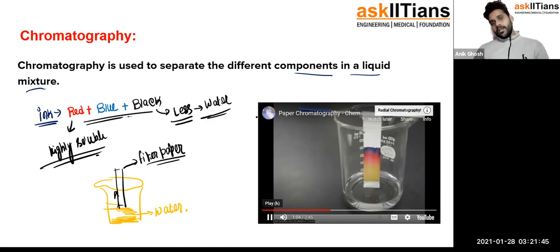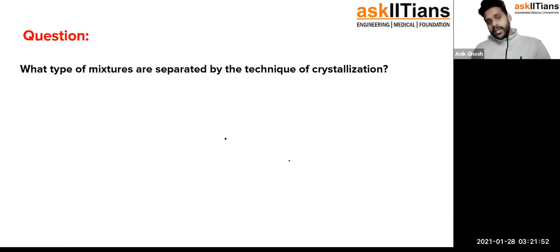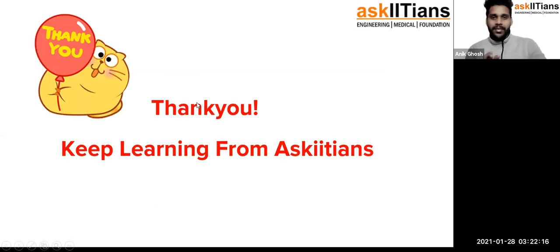Then what would happen in this filter paper? The thing that is highly soluble in water would go more and more upward, and the thing that is less soluble in water would remain at the bottom. In that way, you can separate out the components of ink. And you'll be able to see in this blue pen what colors are mixed together to make that blue pen.